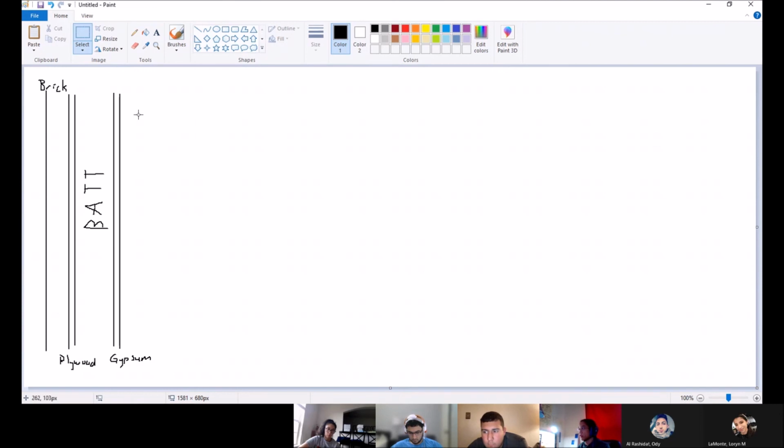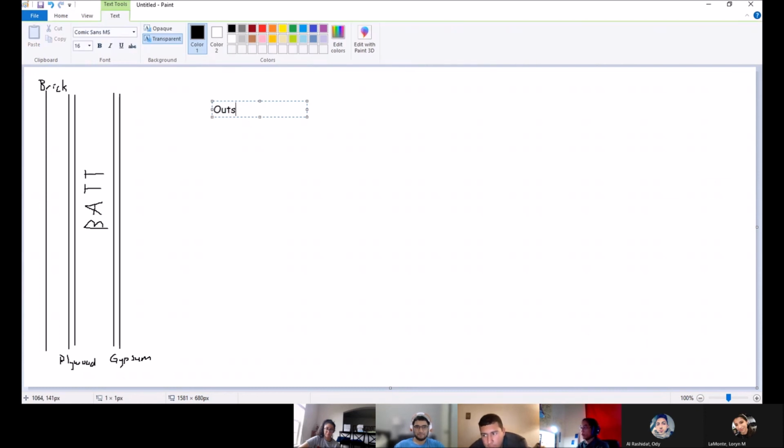So in all wall assemblies, we do have an outside air film. Always gotta remember the air films. I'm getting really tired, so I'll just type it out. Outside air film. Right. So now we have our bricks, brick veneer.